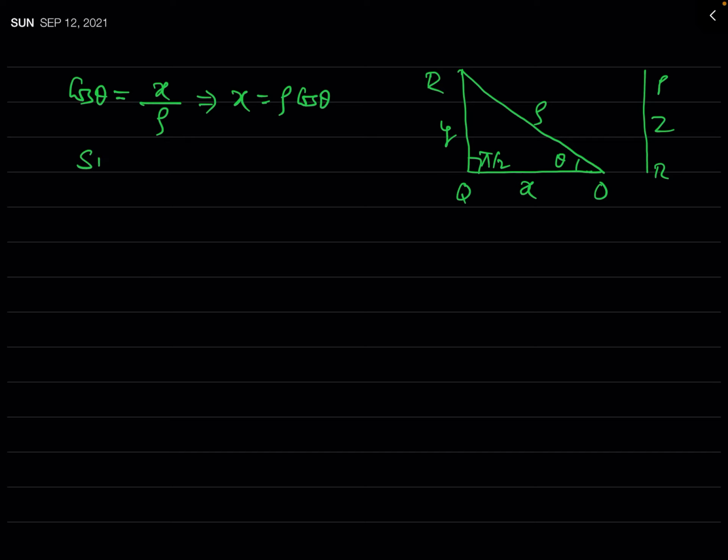Again from the same figure, sin theta will be equal to what? This will be y over rho, and so y is equal to rho sin theta. And z is simply equal to RP, and that is equal to z.